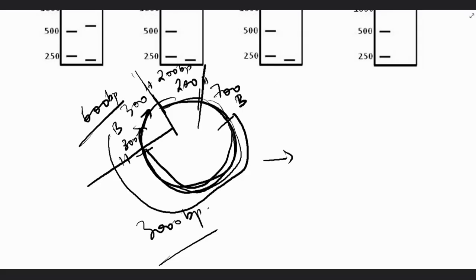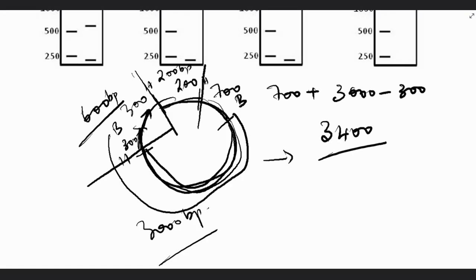So that is going to be 700 base pairs plus 3000 minus 300, because this 300 is removed by HindIII digestion. So that is going to be 3400. The fragments that you basically get correspond to 600 base pairs, 200 base pairs, and 3400 base pairs.